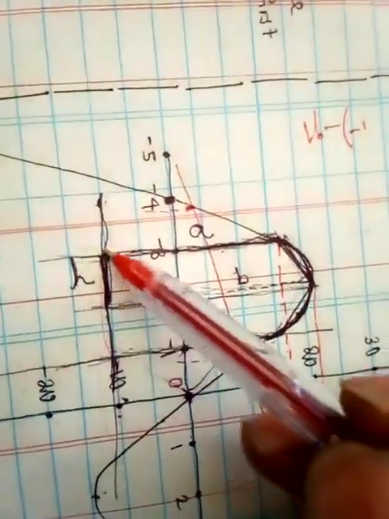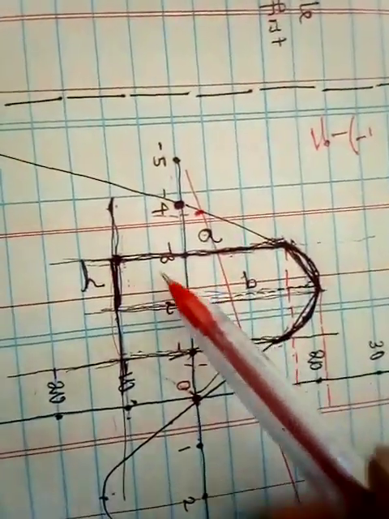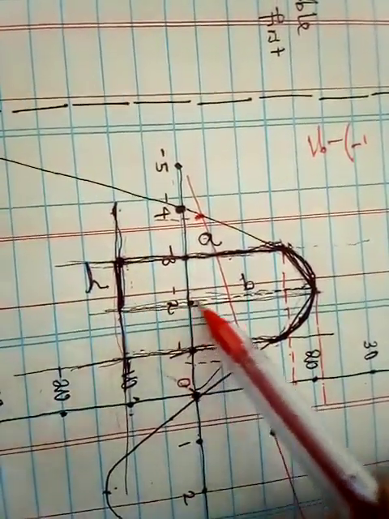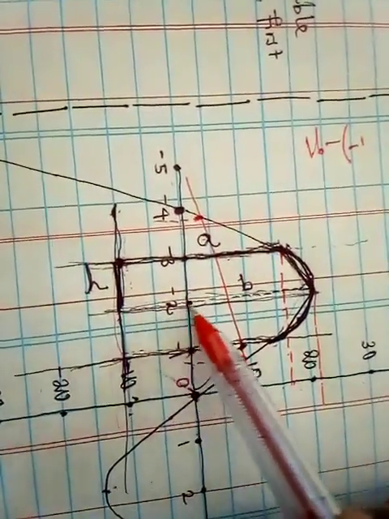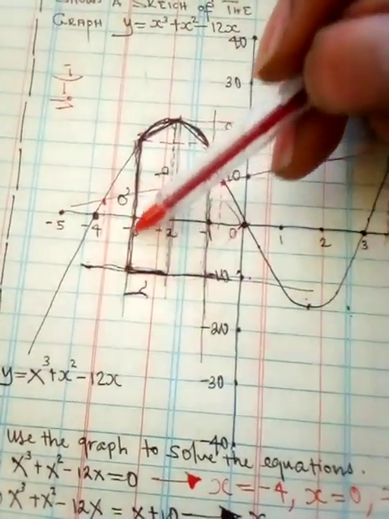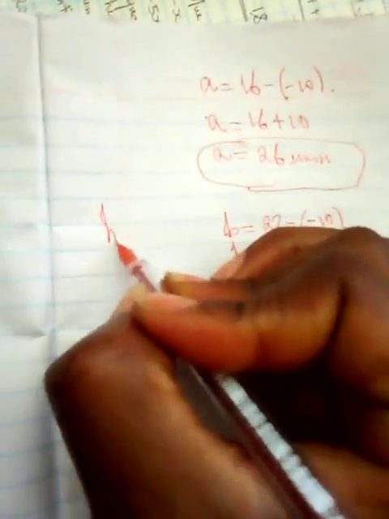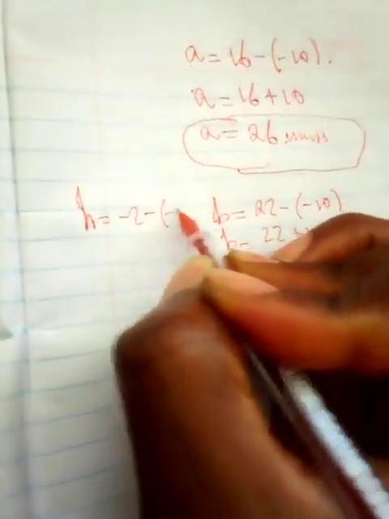And then your height is going to be reflected in this way. Notice that it is starting from negative 3 to negative 2. Negative 3 to where? To negative 2. Just look at it. So when finding your height, it is just going to be negative 2 minus negative 3.